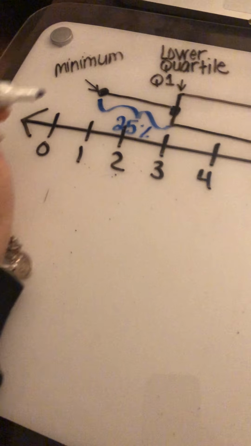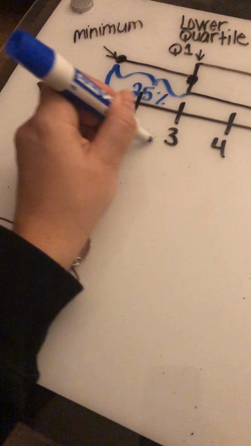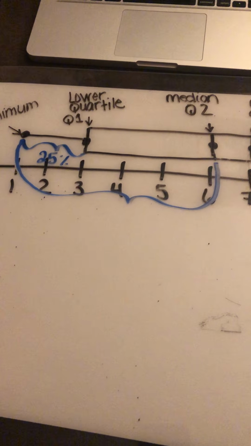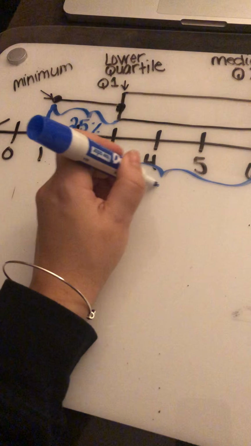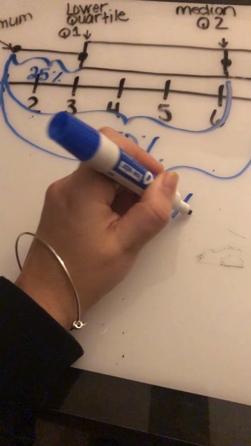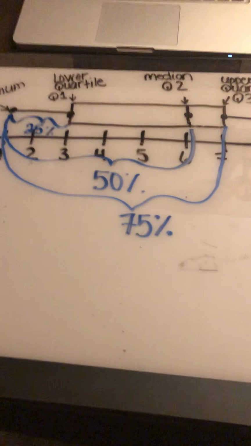From the minimum to quartile 2, that's going to be 50% of your data. And from the minimum to quartile 3, that's going to be 75%. And obviously if we went from the minimum to the maximum, that would be 100%.